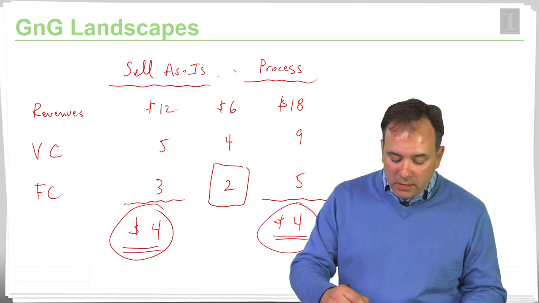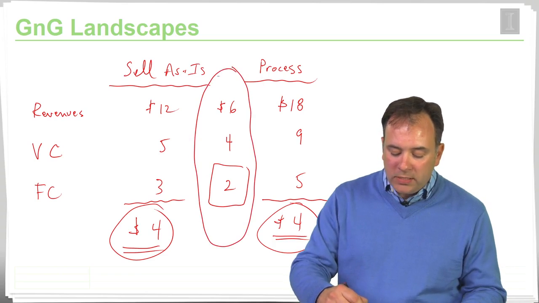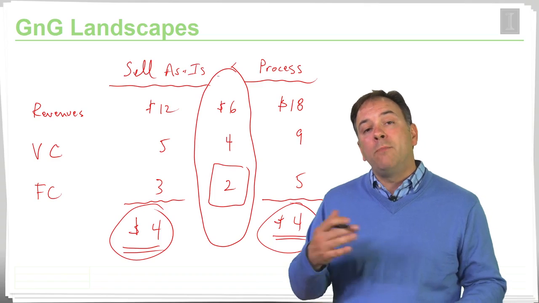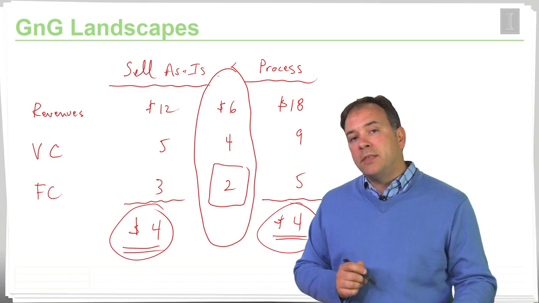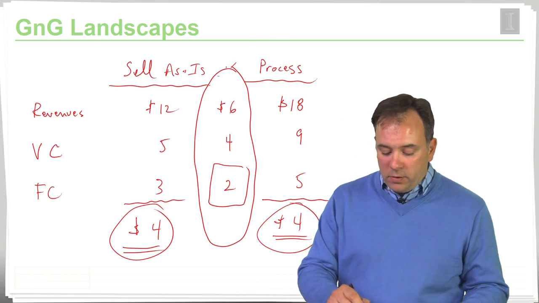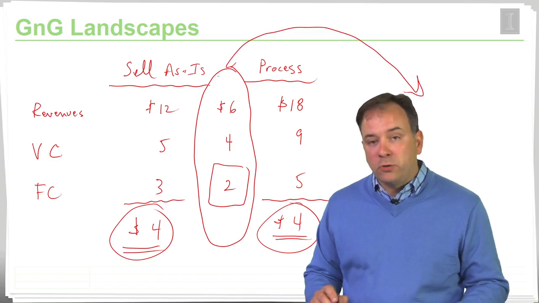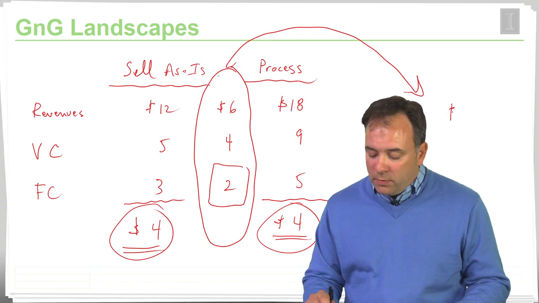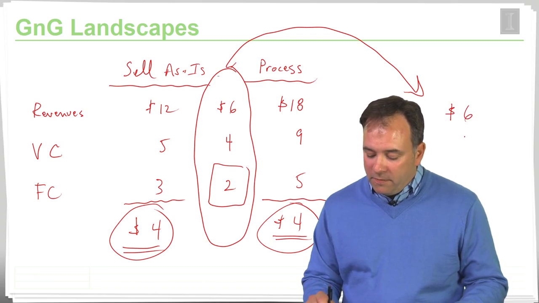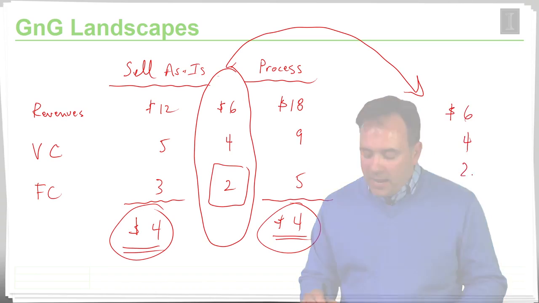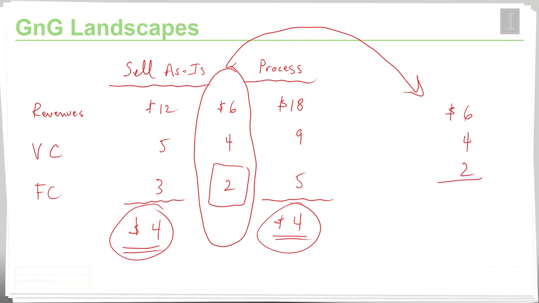We could have focused our attention purely on what was different or occurring incrementally as the result of processing these roses further. So if I were to pull out those incremental amounts, the revenues is 6, the variable cost is 4, and the incremental fixed cost is 2.